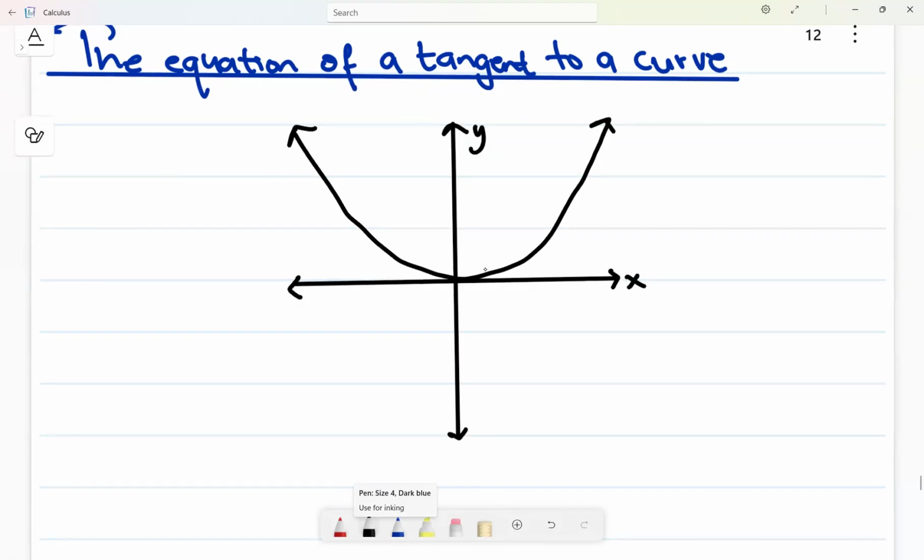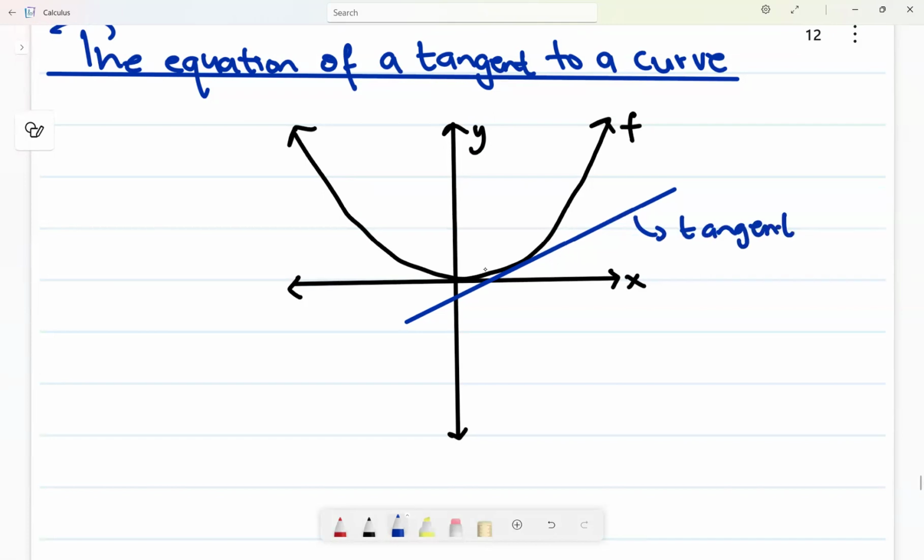Okay, let's name this f. Now let's say you have a tangent to that graph. Remember, a tangent is a line that touches your graph how many times? Once. Okay, now this is what we call a tangent line.